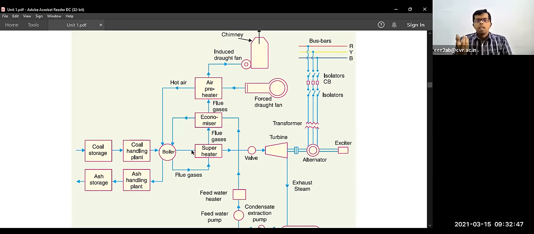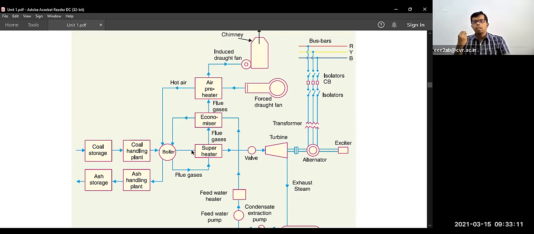Normally in our home, for boiling 1 liter of water to 100 degrees Celsius, it takes a minimum of 5 or 6 minutes to a maximum of 10 minutes. Imagine you want to boil that water to 600 degrees Celsius.